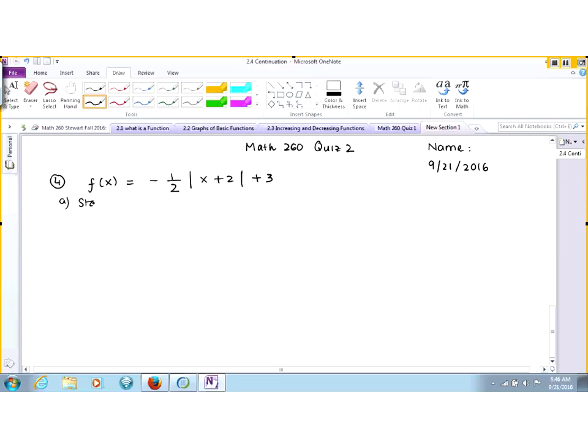So I'm going to write down what A, B, and C was. So A, take the basic function. So you remember. B, state the transformations.